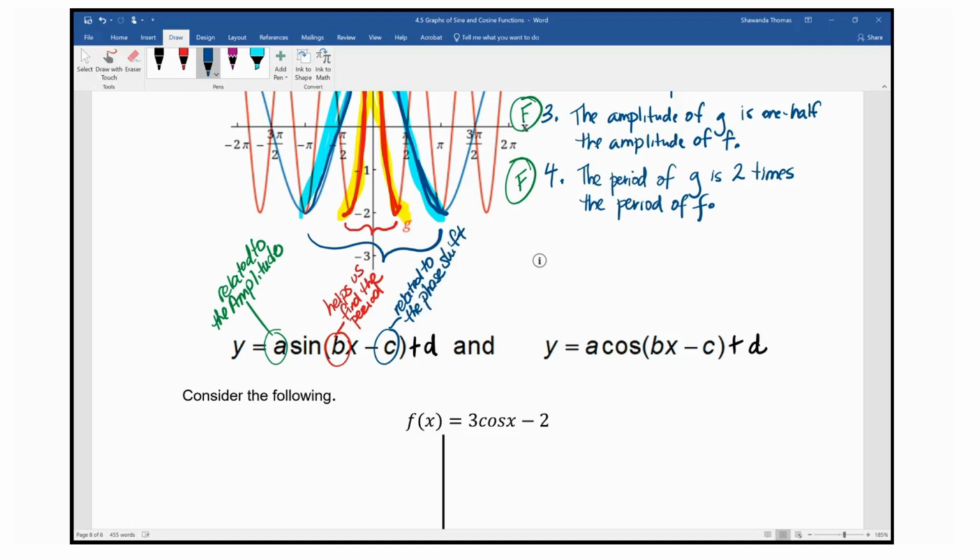And this D part that we hadn't talked about yet is related to vertical shifting. We talked about horizontal shifting, which is the phase shift, but we hadn't talked about vertical shifting. So that plus D on the end is that vertical shifting.